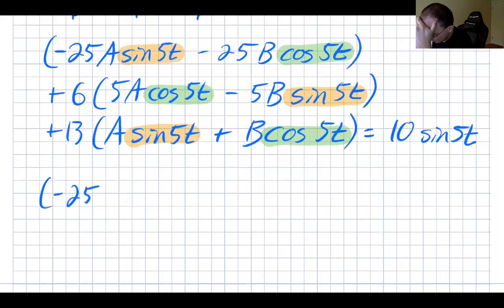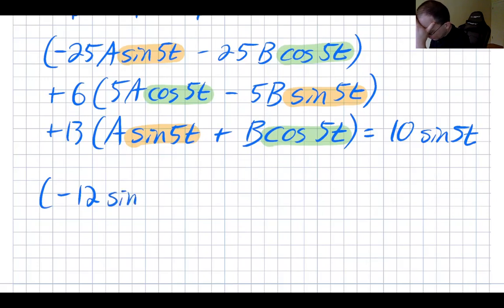Oh, but there's actually going to be negative 25a plus 13a. So those will simplify. So what is that? Is that like negative 12, right? When I add 13 to negative 25. Boy, I feel like I want to check that just to be sure. I don't want to make a mistake here. Yeah, negative 12. Okay, that's what I thought.